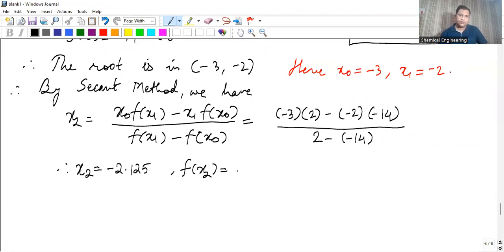So calculate the value of f of x2. 7.2207. Sorry, it's going to be 2207.